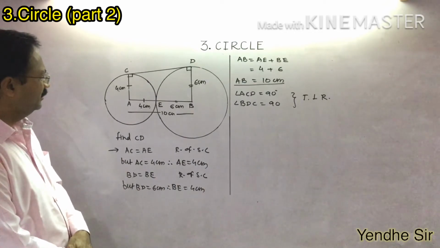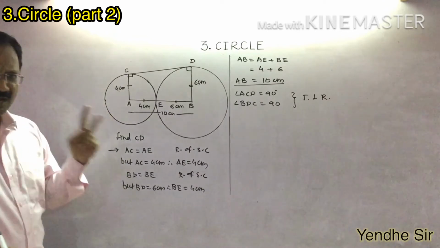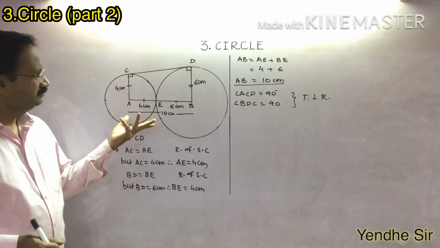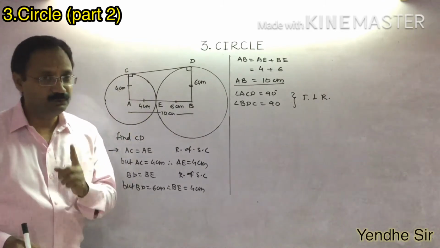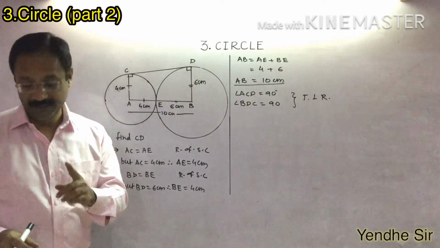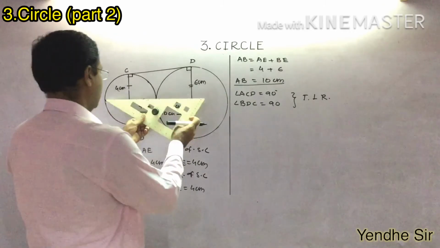So all the properties are over. If you use all the properties and nothing is remaining, it means 100% there is a construction. So I am going to construct here.